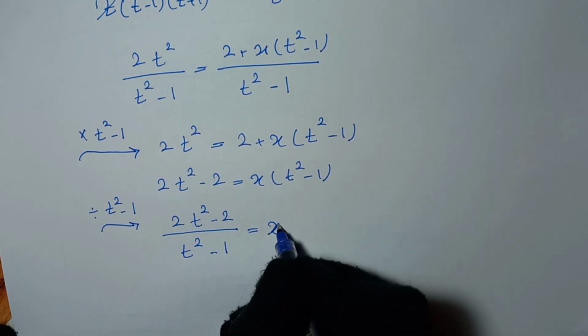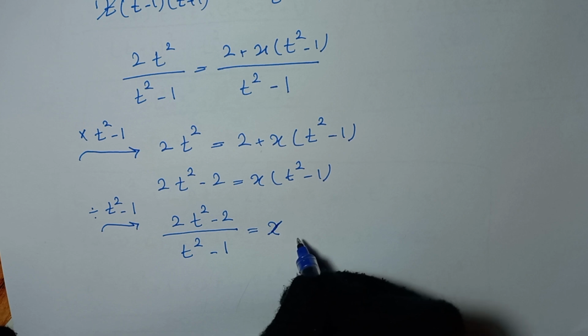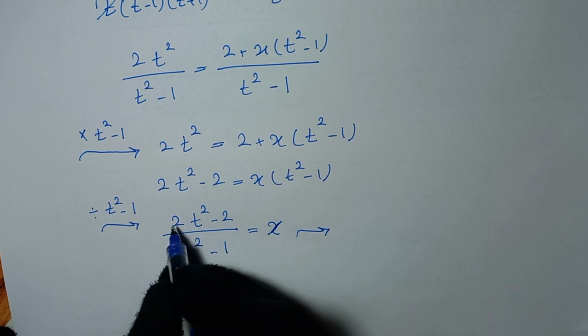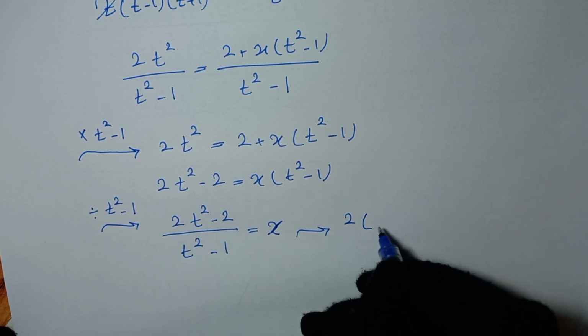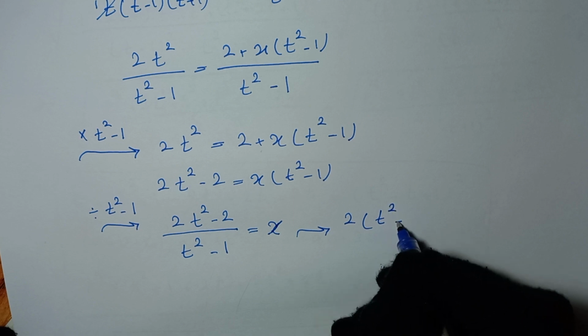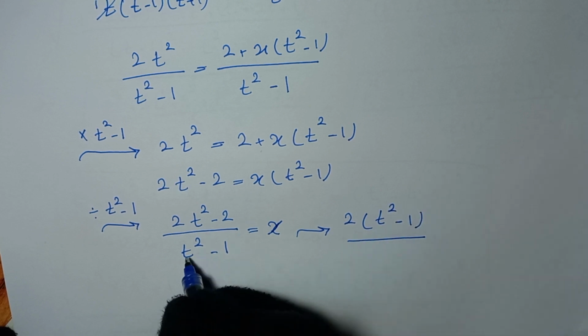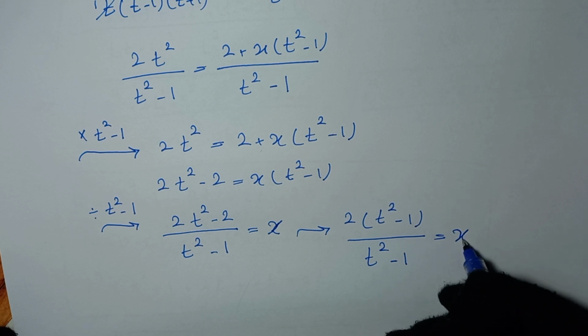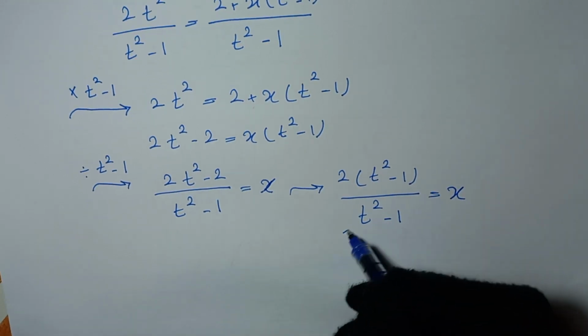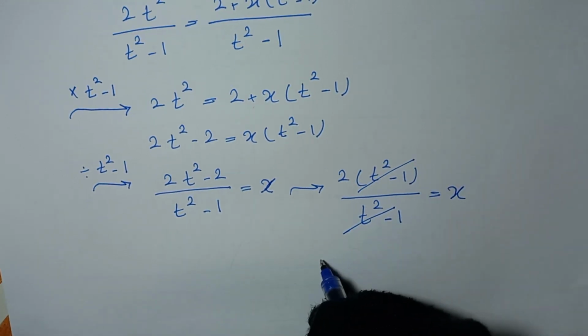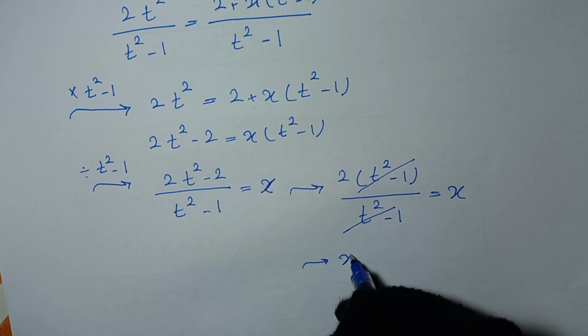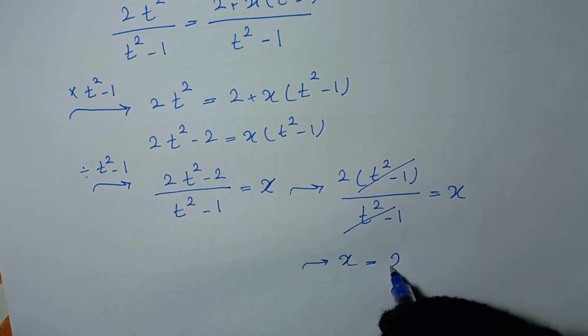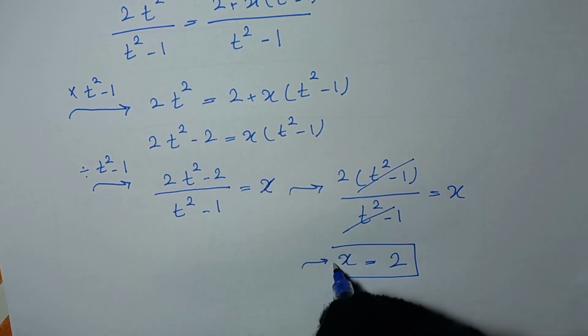So in next step, in here we factor 2, and it will be 2 times t squared minus 1 over t squared minus 1 is equal to x. And this will cancel this, and from here, x is equal to 2. And this is our final answer.